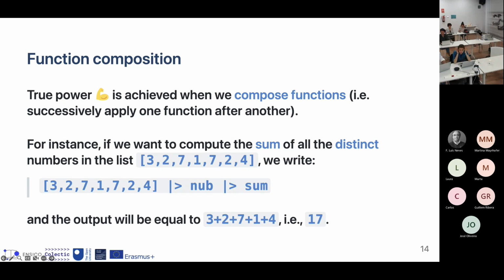If you want to compute the sum of all distinct numbers, first we need to remove duplicates from this list because we just want distinct numbers. And for that, we apply the transformation nub. And then we need to sum the results, okay? So first we take this list, we get rid of repeated elements, okay? We remove duplicates using nub, and then we apply the transformation sum to obtain the final result.